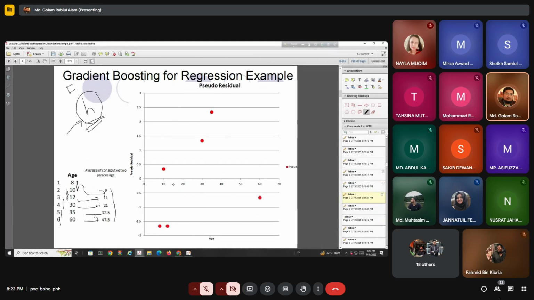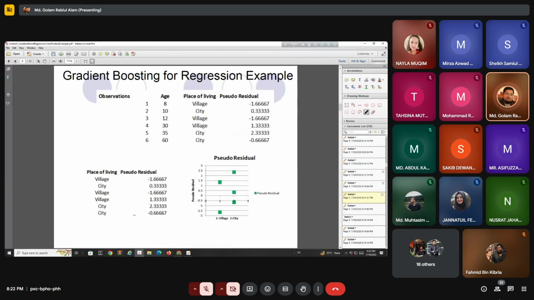So for that, consider this is our data set, and then place of living equal village is our splitter. Here is true and here is false, and this is observation 1, 2, 3, 4, 5, and 6.